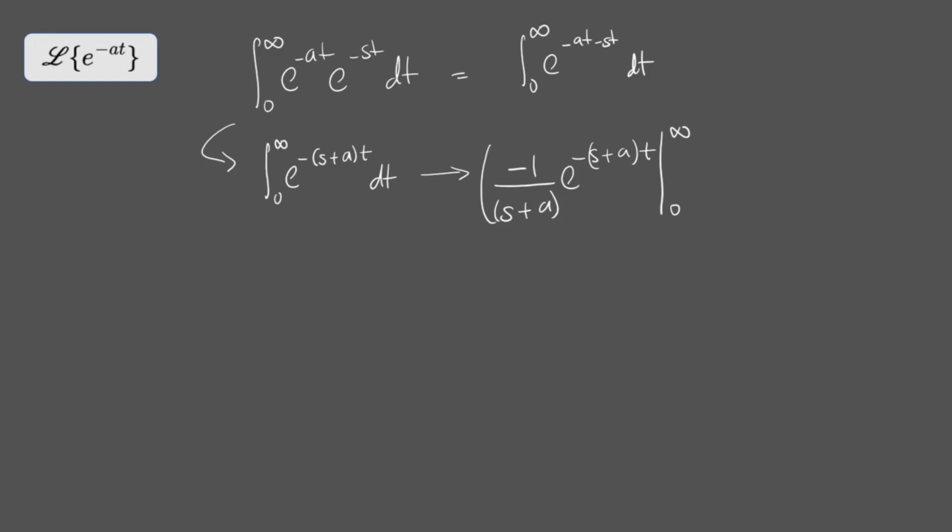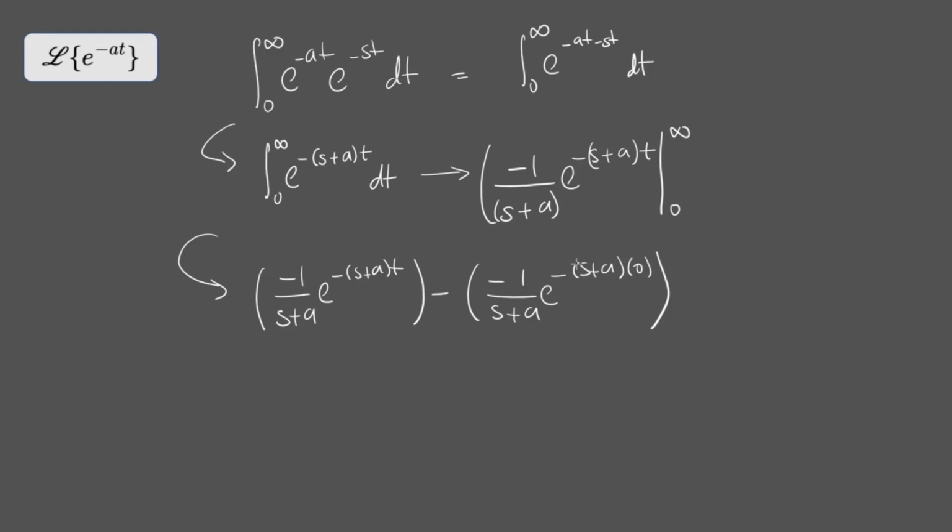So from 0 to infinity, we sub in infinity, take the limit, sub in 0, take the limit. That's going to give us minus 1 over s plus a, e to the minus s plus a t, minus 1 over s plus a, e to the negative s plus a t tends to 0 here.